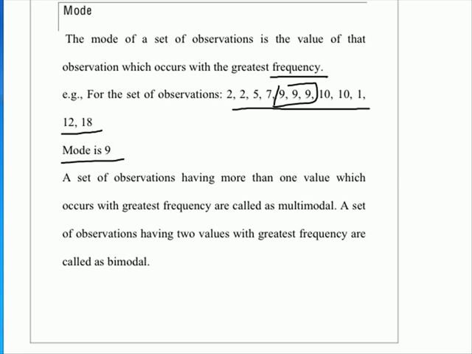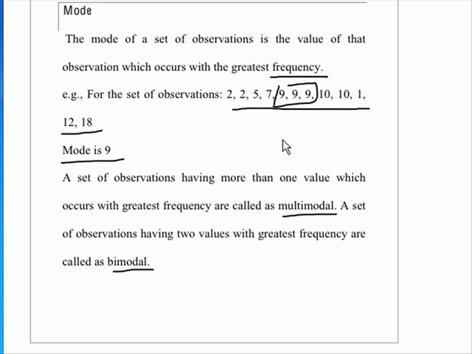Now what happens if more than one value occurs with the same frequency? So if we had another 10 in this scenario, the mode would be 9 and 10, and this distribution would be called multimodal, or bimodal in case of just two values. So 9 and 10 would be bimodal.